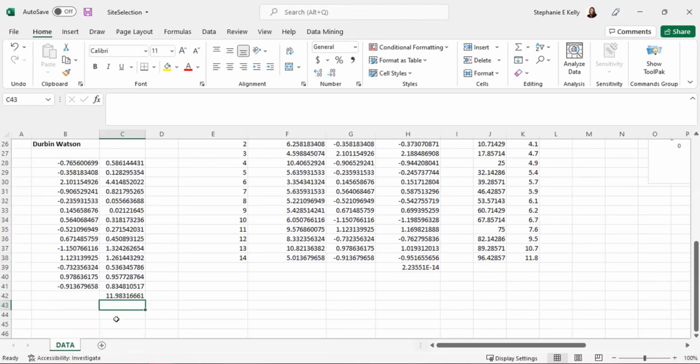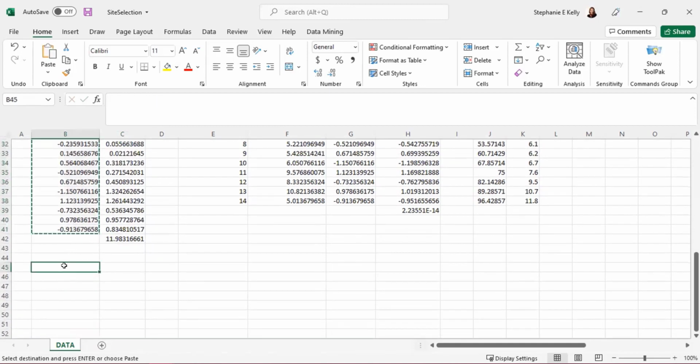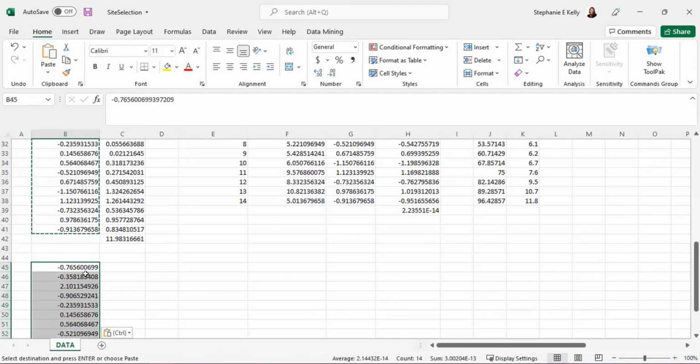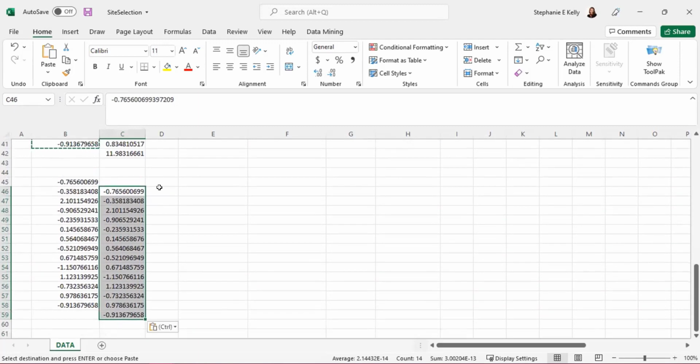And then we calculate the sum of the squared difference of residuals. This is a weird one, I'm not going to lie. You take your residuals and then you stagger them by 1. And then for every row that still has two values, you take the difference.